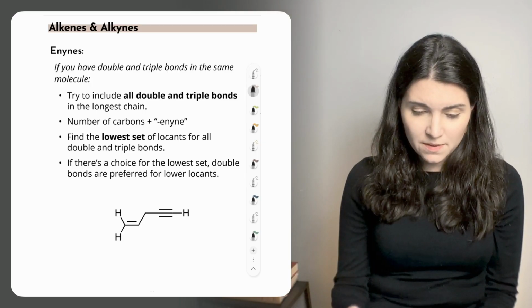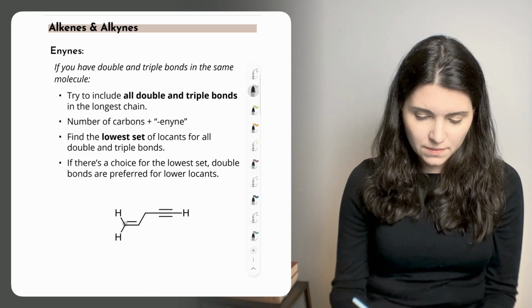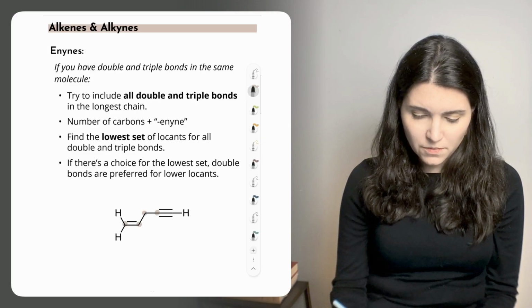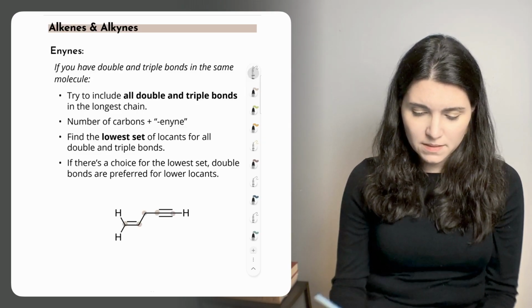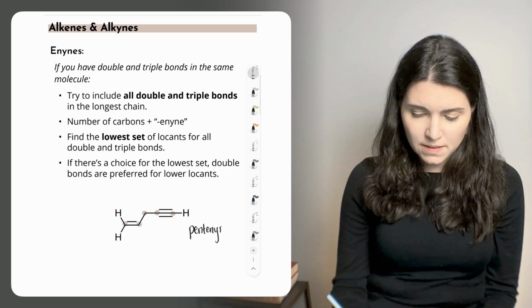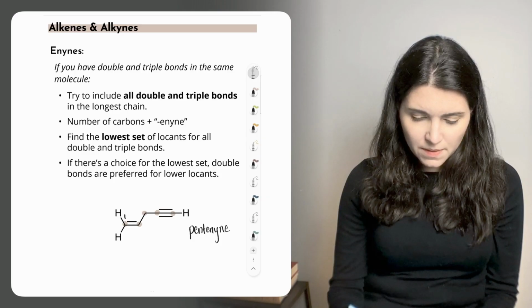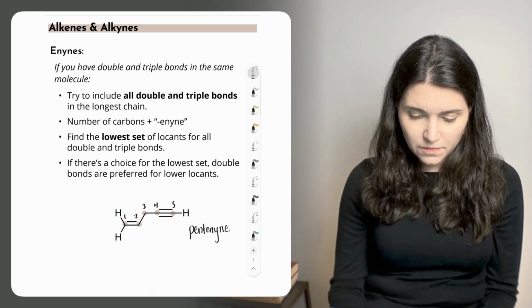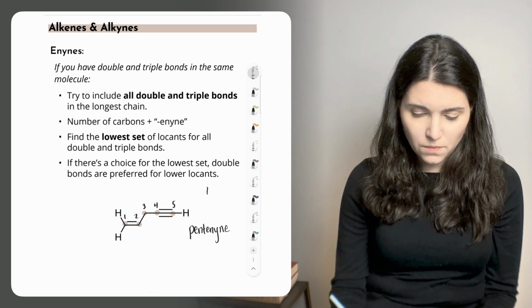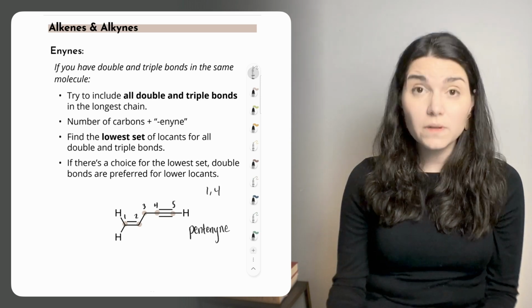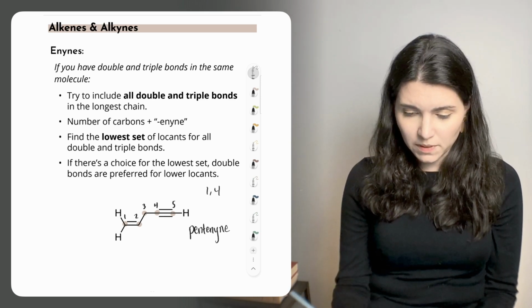So here's another enyne. We've got 1, 2, 3, 4, 5 carbons. So this would be a pent-enyne. Okay, we'll number this way. We get 1, 2, 3, 4, 5. So we have a 1 and a 4 for where our double and triple bonds start.